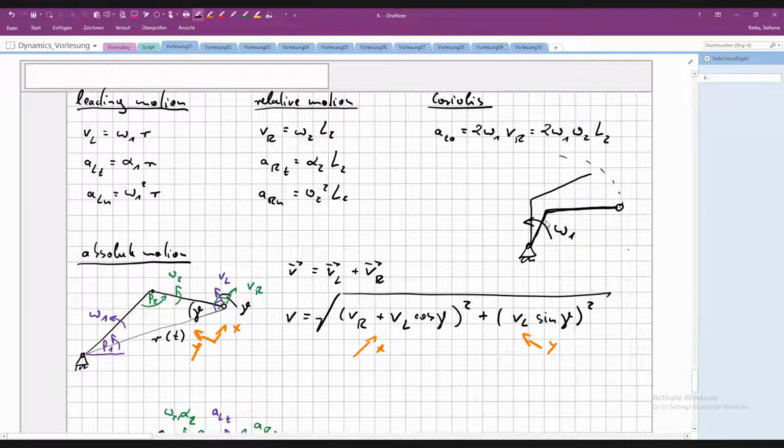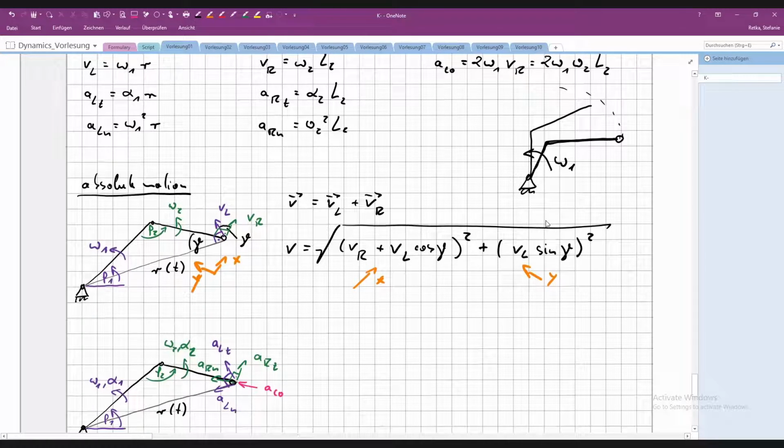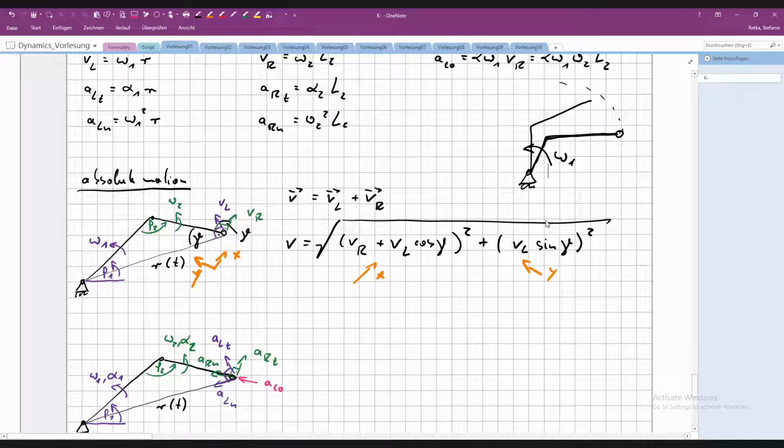Okay, so we have to do the same for the accelerations, but of course here we do not have only 2 vectors, we have 5 vectors that we have to take into consideration. But again, we start with our standard vector equation: leading acceleration plus relative acceleration plus Coriolis.